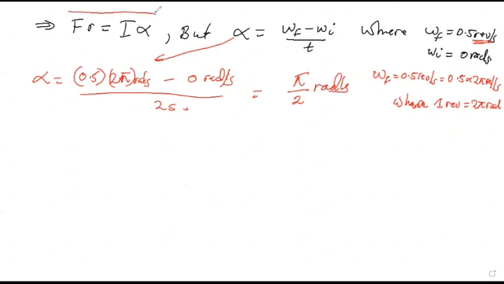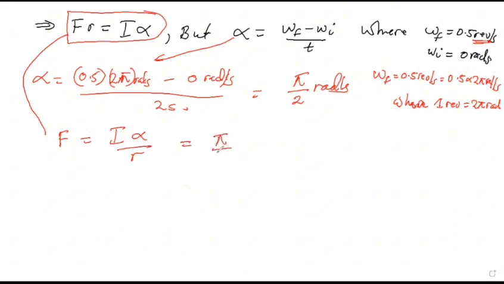When we use it now here, we get this equation. We shall have F is equal to I alpha over R, where alpha is simply pi over 2 radians per second squared, multiplied by I divided by R. But we know what I is equal to.